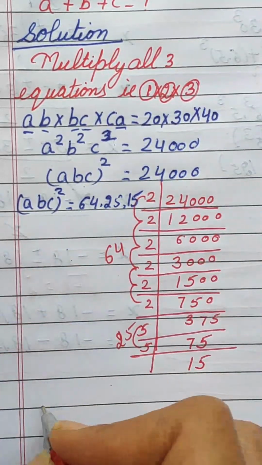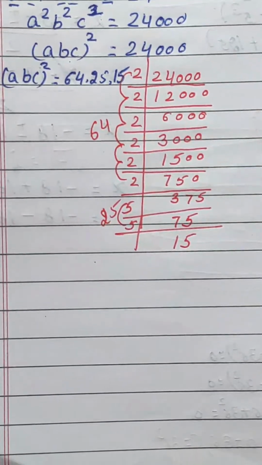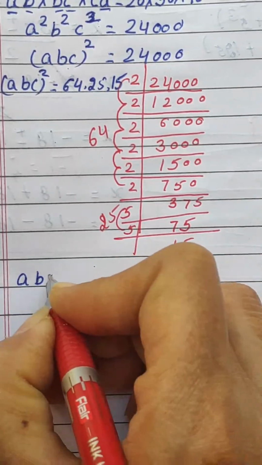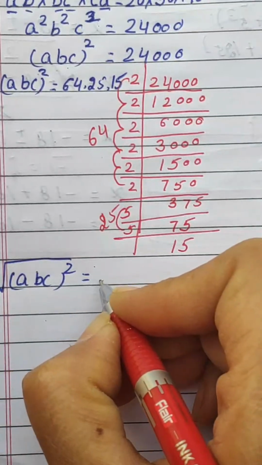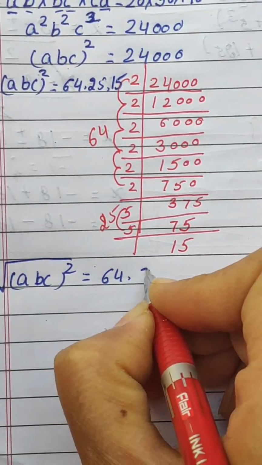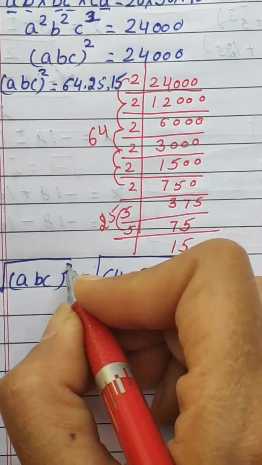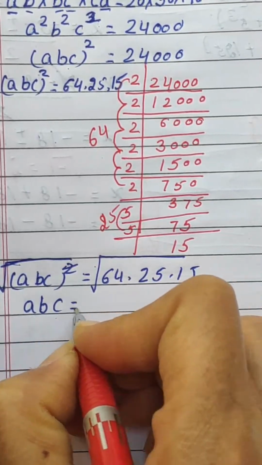Okay, so I'll do it here at the bottom. So (A, B, C) to the power 2 square root, 64 into 25 into 15 square root. Right? The square cancels. So it becomes A, B, C is equal to.